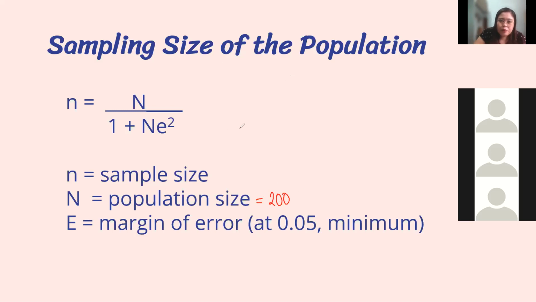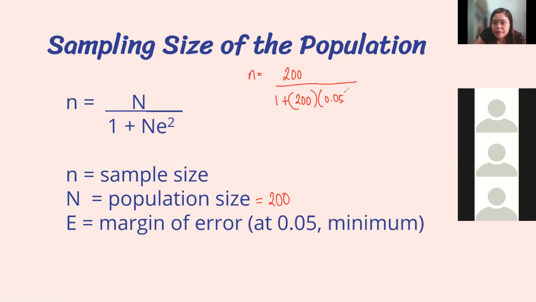So n is equal to capital N, which is 200, divided by 1 plus capital N, still 200, multiplied by the margin of error, which is 0.05.